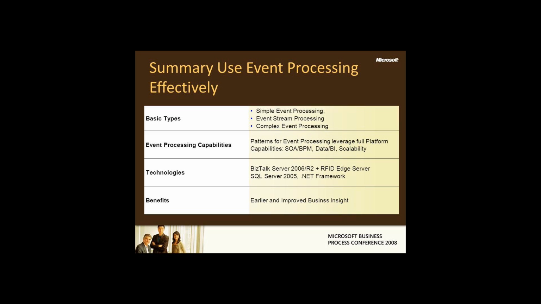See also event correlation. Event-driven architecture, EDA, is a software architecture pattern promoting the production, detection, consumption of, and reaction to events. SEDA, staged event-driven architecture, decomposes complex event-driven architectures into stages.